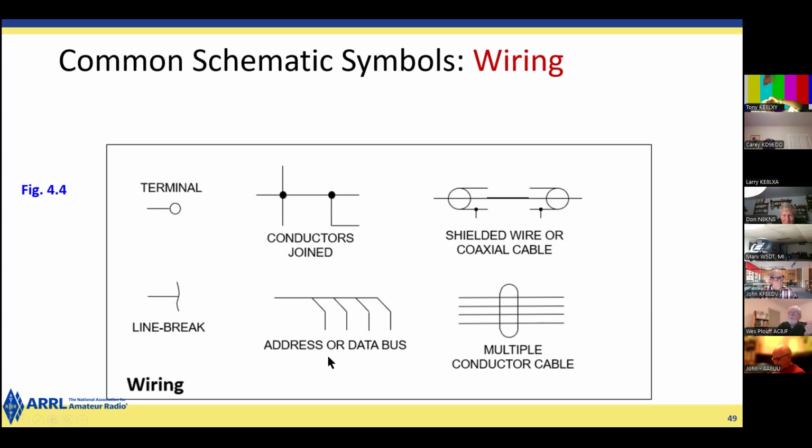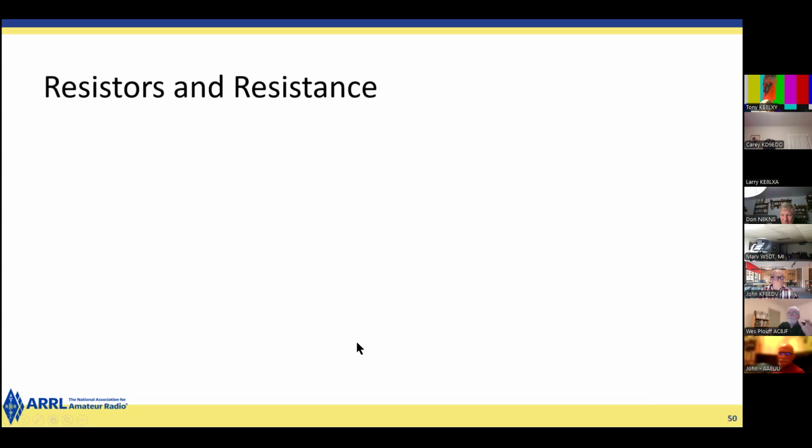And sometimes you'll see in the bottom center a bus designated as a line, or a line with a slash through it that says how many conductors there are, and you'll see individual signals broken out from the bus. And this is common for digital schematics of digital circuits. So let's look at resistors and resistance here.